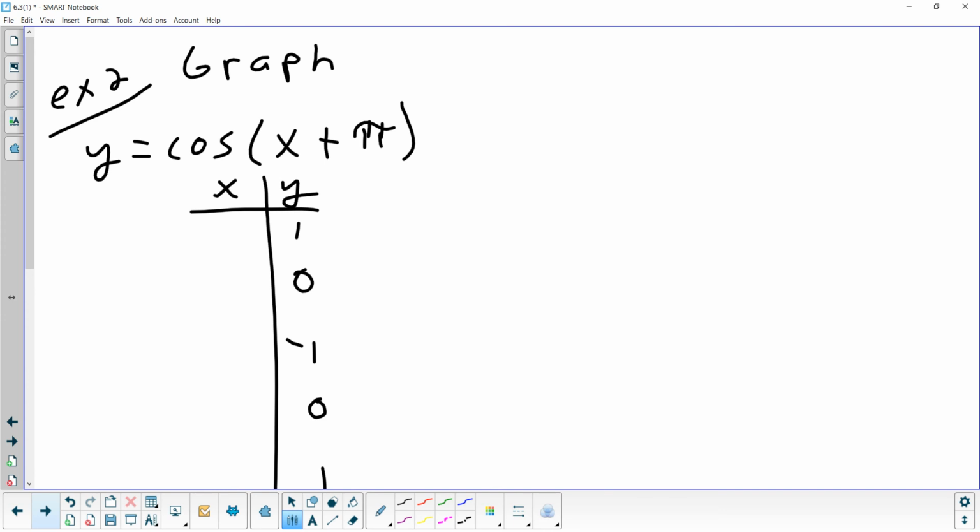And what are my original x's for cosine? Let's put those way over on the side. Sarah? Zero, pi over 2, pi, 3 pi over 2, and 2 pi. Okay.